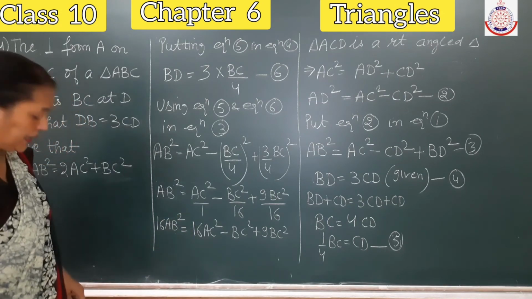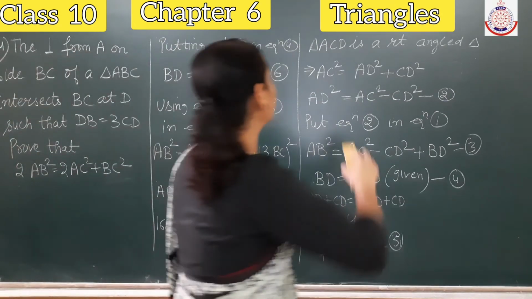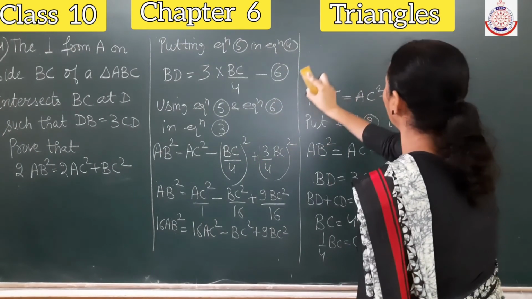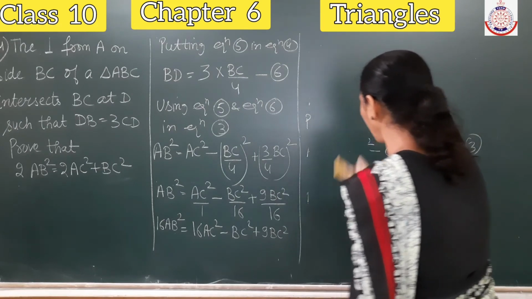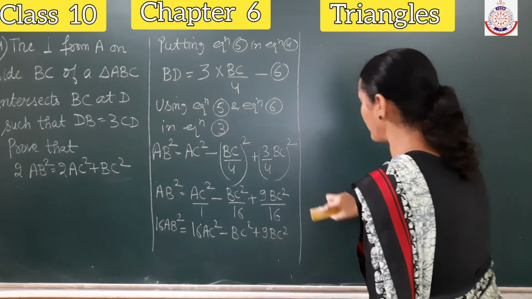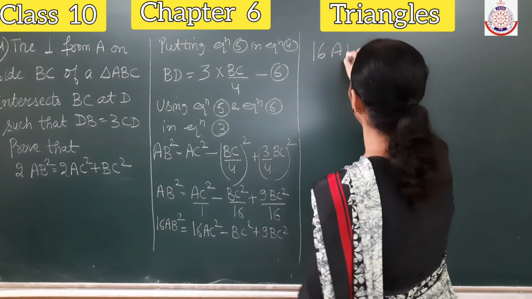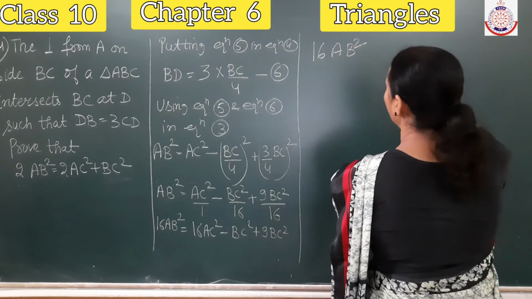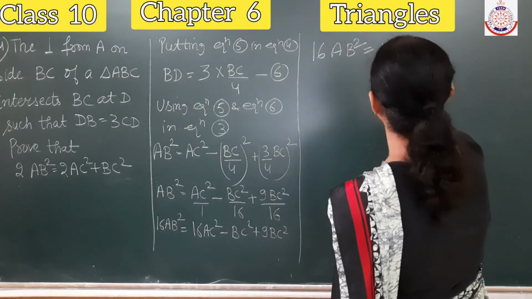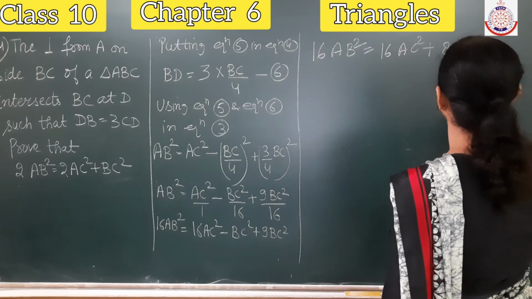So what we have obtained is that 16 AB square is equal to 16 AC square plus 8 BC square.